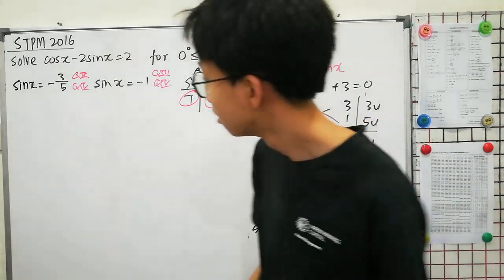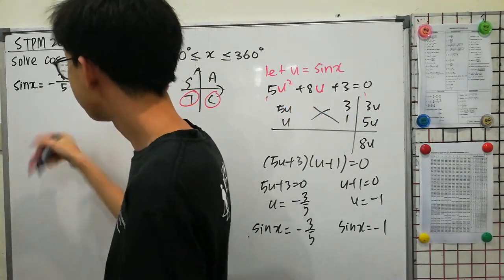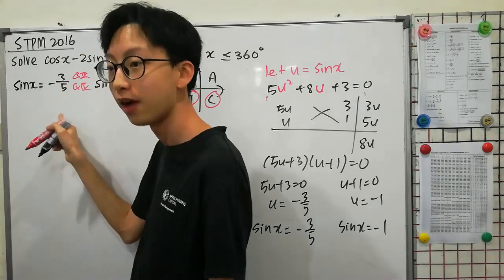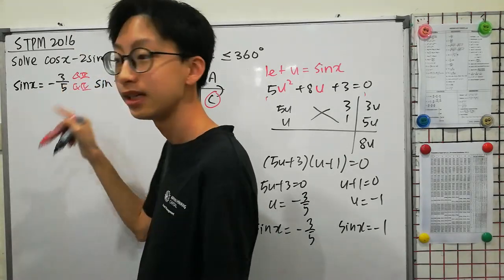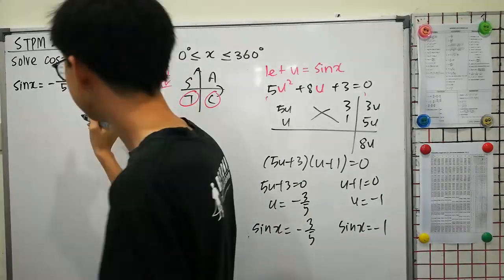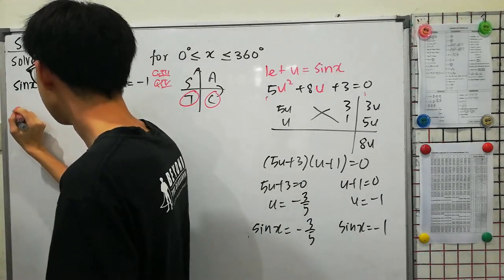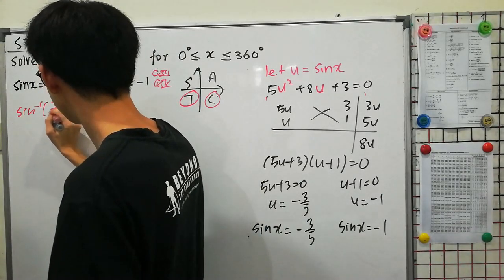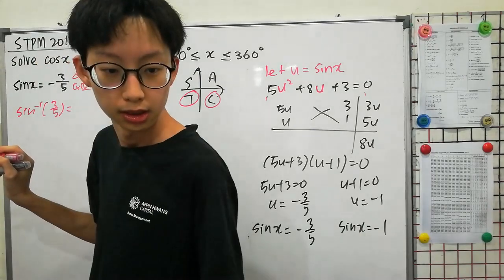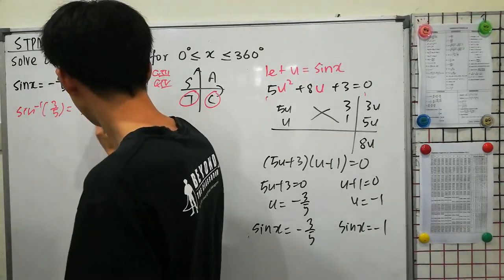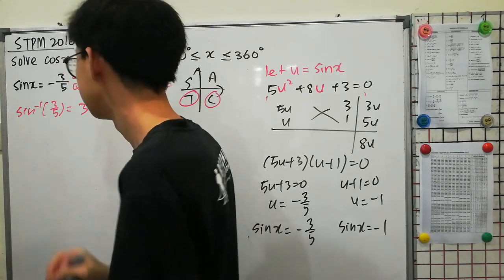Be careful, yeah? So, I will first find the value of arc sine 3 over 5, then add with 180 or minus from 360 to get our x. Arc sine of 3 over 5 is 36.8699 degrees.